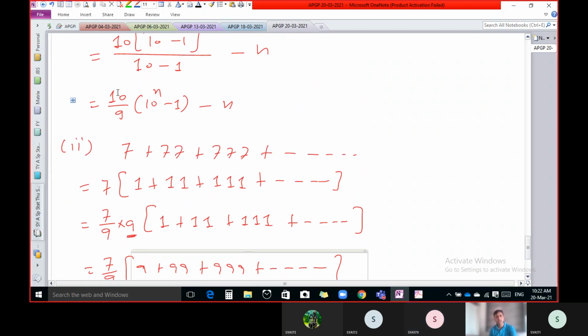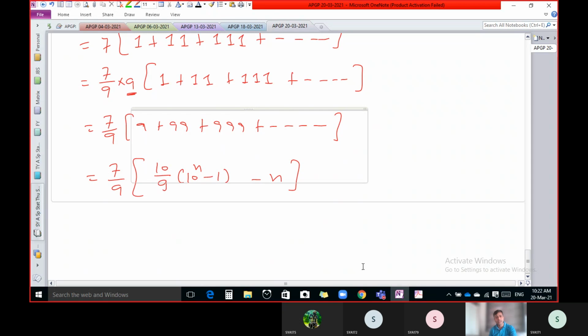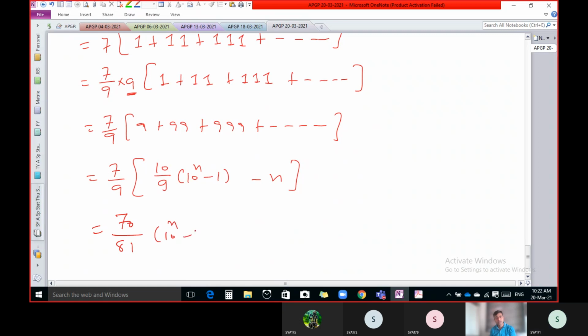But in the exam you have to write all this in this bracket. So what is my final answer? Open the bracket if you want. So what do we get? 7 into 10, 70. 9 nines are 81. So 70 upon 81, 10 raised to n minus 1, minus 7 by 9 into n, we get 7n upon 9.